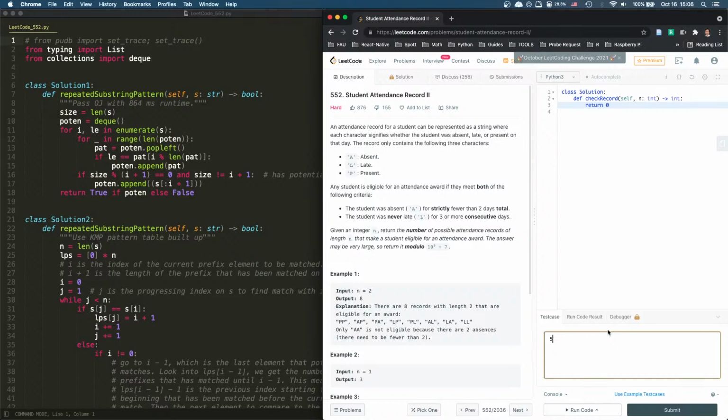So it's 5, 5, 4, 3, 2. No, it's 5 and 4, 3. We need to double 4, 3, times 2, and then plus 2 is at the end.